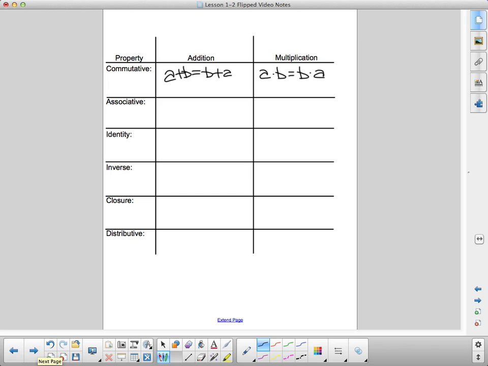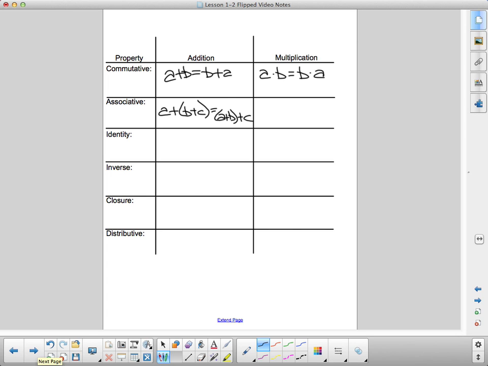Associative. Again, with addition and multiplication, we can do it in any order, meaning parentheses won't matter. If we add 2 and 3 first and then add 5 to it, it's the same thing as if we added 2 and 5 first and then added 3 to it. So associative means that (A plus B) plus C will be equal to A plus (B plus C).